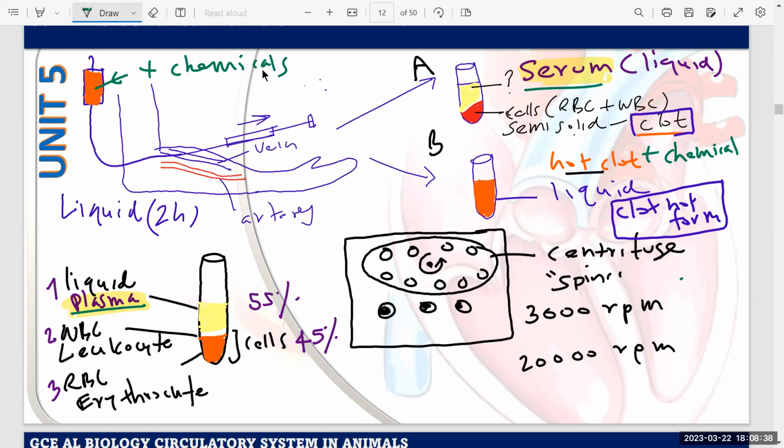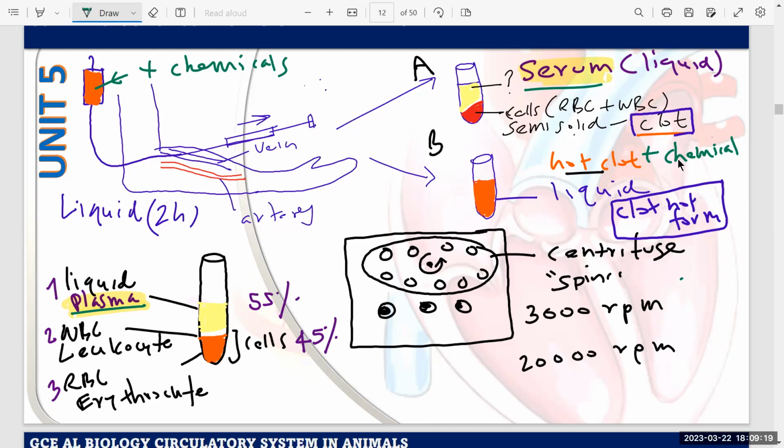Otherwise, after a few minutes, the tube is stuck and everything clots, becomes solid, and the blood cannot be transfused. And when a doctor wants to analyze the composition, like the plasma composition and cell composition, again they have to add chemicals in order to prevent blood clotting. So most of the time we need to add chemicals to prevent blood clotting for analysis. The basic composition is 55% plasma, 45% red blood cells and white blood cells.